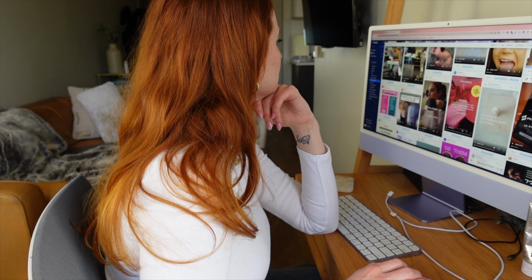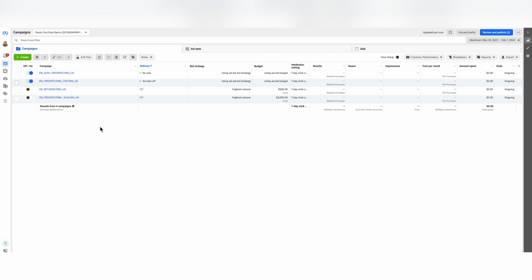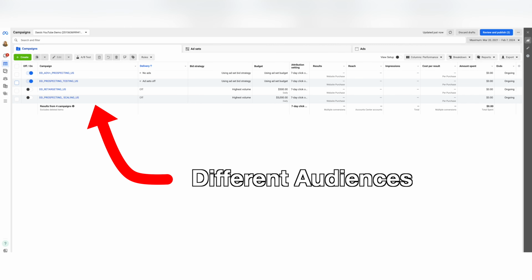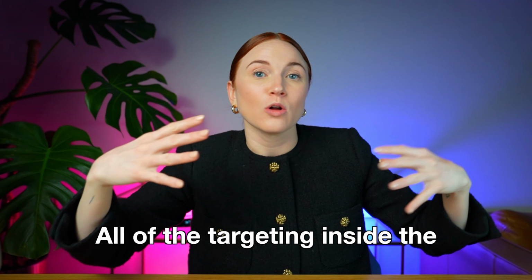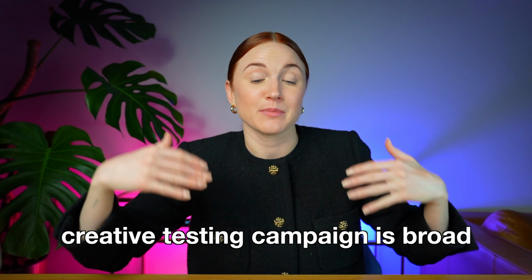Inside of the creative testing campaign, I am primarily testing on a completely broad audience, but maybe for some of my other brands, they have other campaigns where they're using some targeting. Not as common these days, but they definitely have the ASC campaigns. And because the ads inside of those campaigns are different, you are reaching different audiences. And number two, just to underscore this, all of the targeting inside of the creative testing campaign is broad.